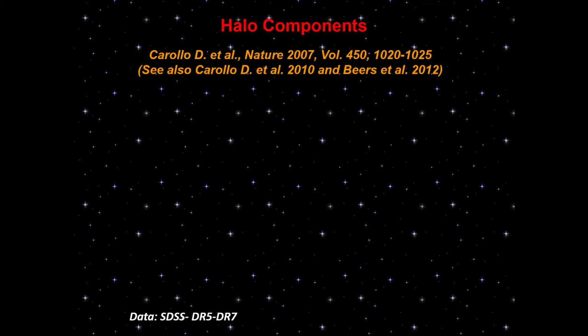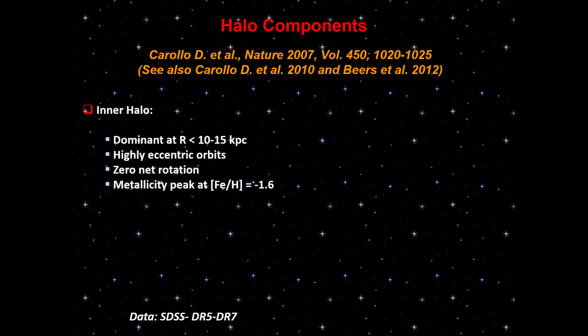Quite a few years ago, can you believe it's already 16 years, by doing this type of study and using a sample of SDSS data release 5 and 7, we found evidence that the halo system could be separated into two components.